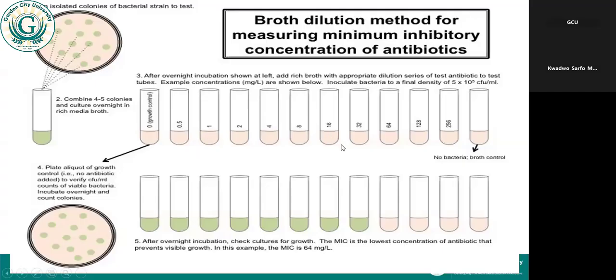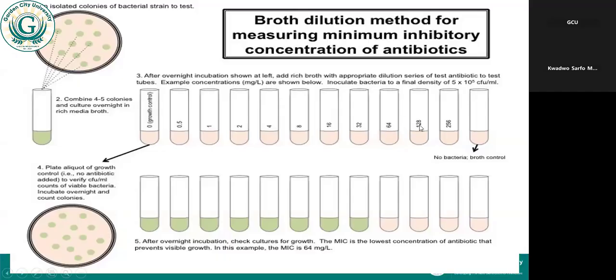It gets to a point where there is no growth on the petri dish. So we come back to check the test tube to know the concentration of that antibiotic that did not allow the organisms to grow. So that becomes the minimum. Beyond the minimum, no organism will grow. So if there's no growth in 64, obviously there will be no growth in 128.